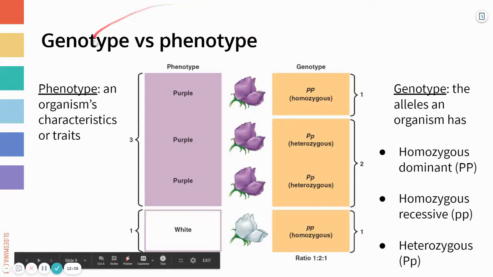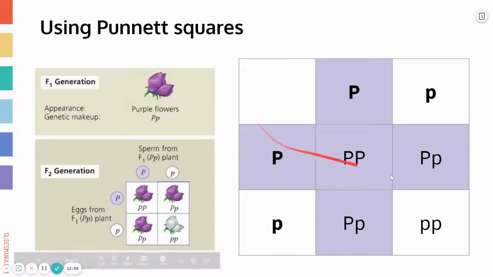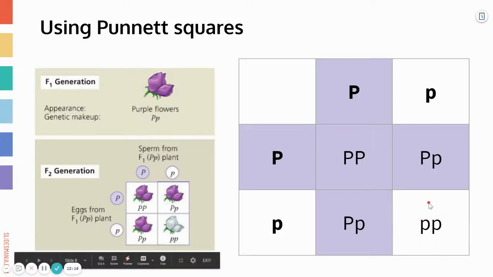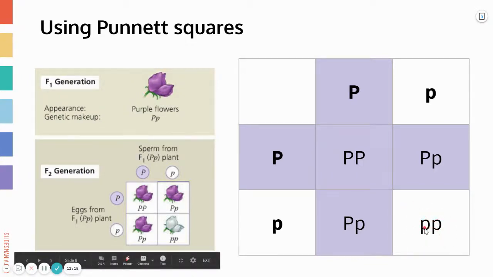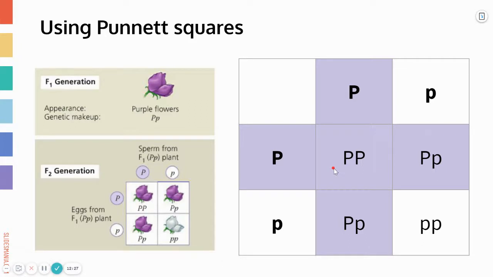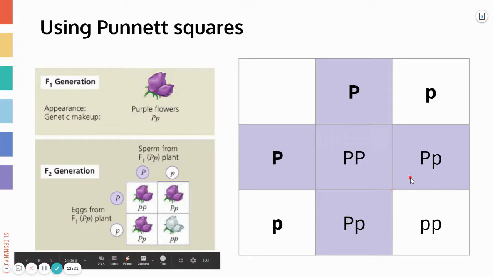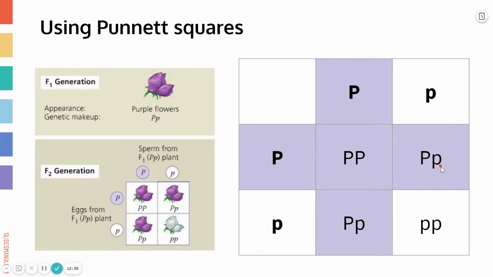So these two words, genotype and phenotype, are just ways to talk about the results when you do a Punnett square. I'm just going to go back one slide. When we're talking about the genotypes of the offspring, we would say that a quarter of the genotypes is going to be homozygous recessive or little p. Another quarter of the offspring are going to have the genotype of being homozygous dominant or big P, and 50% of the offspring are going to be heterozygous for their genotype, one big P and one little p.